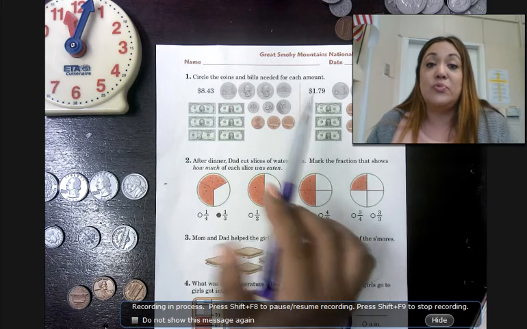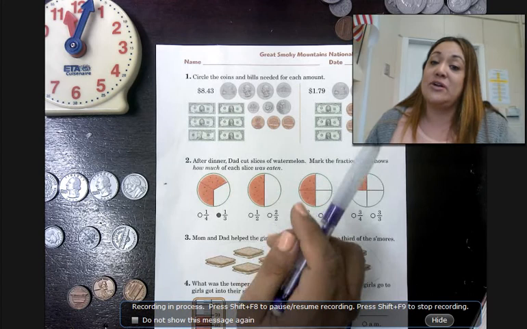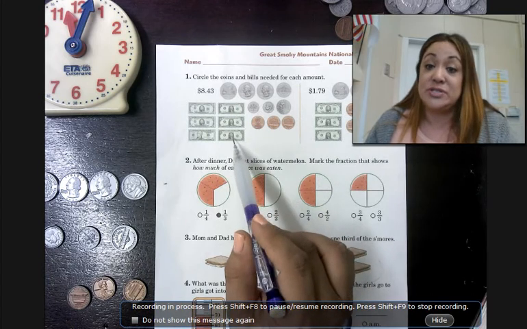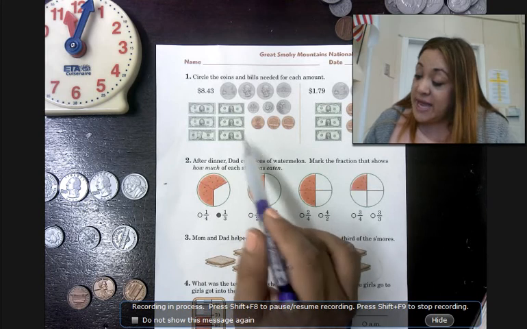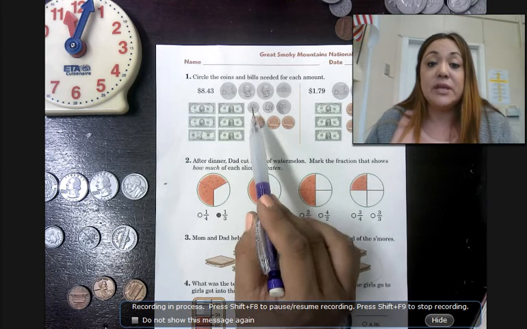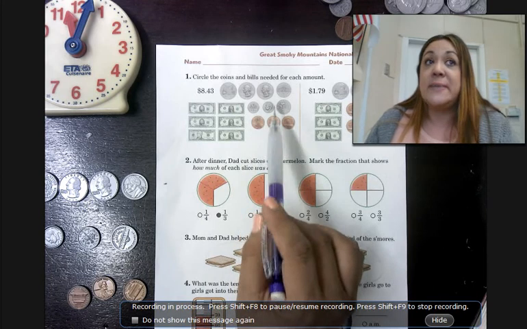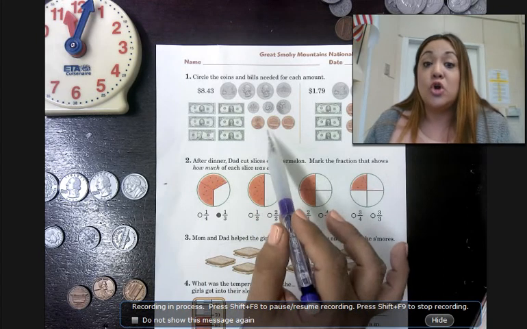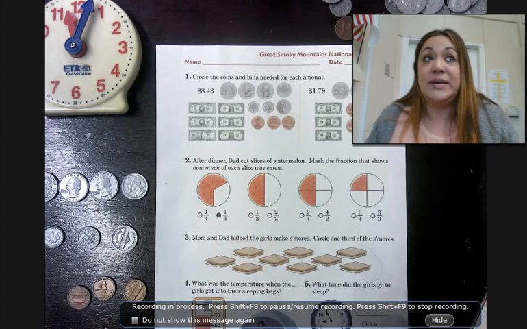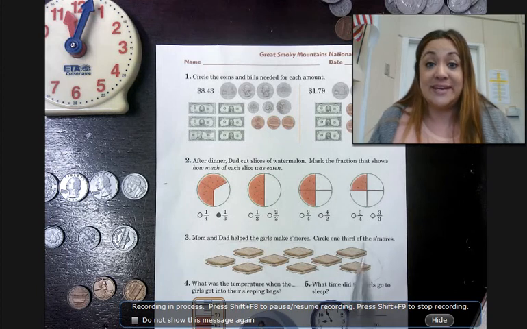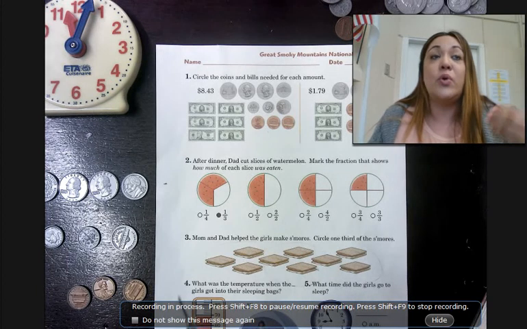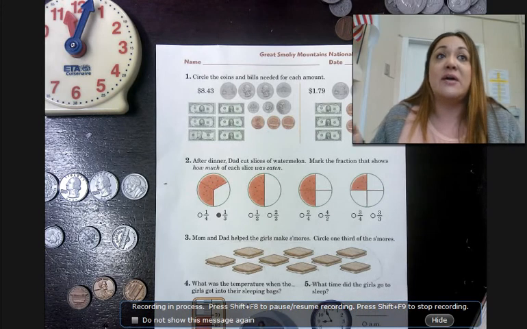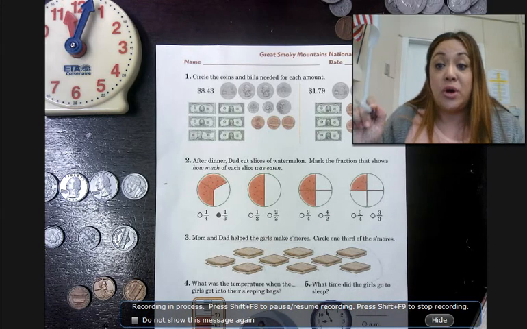So we always want to give thanks to our parents for doing what they need to do to provide for our family, and being good stewards, which means making sure that you are taking care of your money well and spending it well. We need to know how to count our money. We need to know what's a quarter. That's 25 cents. What's a dollar? That's a bill with a 1 on it.